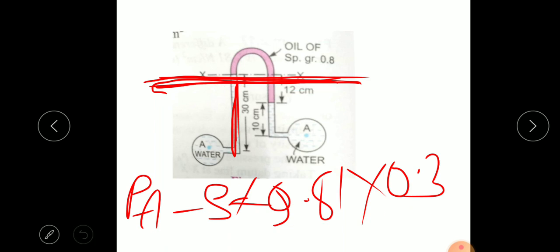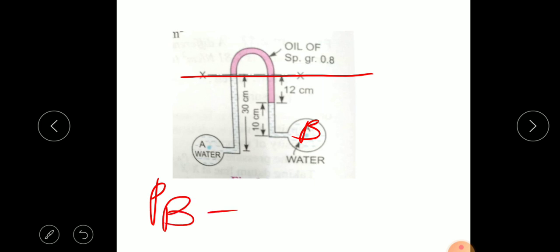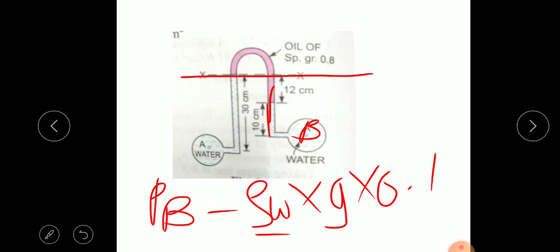On the right side we can measure at this XX line, at point B, PB minus rho of water g into its height 10 centimeter, that is 0.1 meter, minus, again we have to subtract for the manometric fluid, rho g and its height of 12 centimeter.